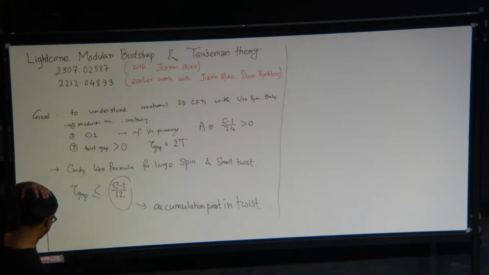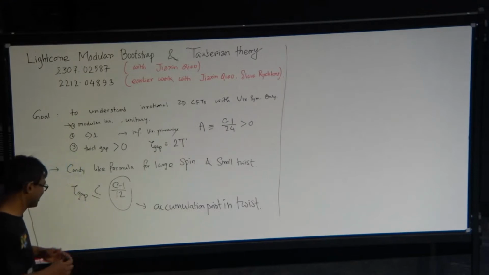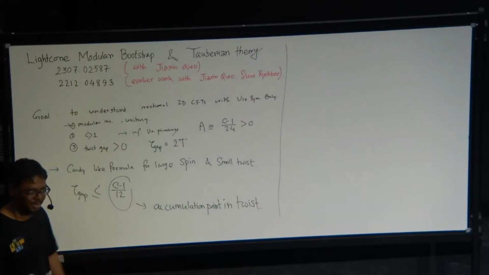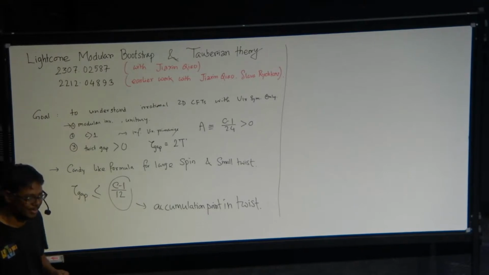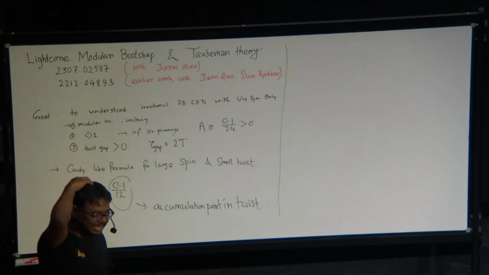Wait, how? The statement is, as long as there is modular invariance, that directly tells you that if you have an identity and there is a twist gap, then this has to happen, and there is an accumulation point in twist. There's no way out from this. No, I understand, but of course, on the other hand, we also know irrational CFTs without identity that saturate this gap.